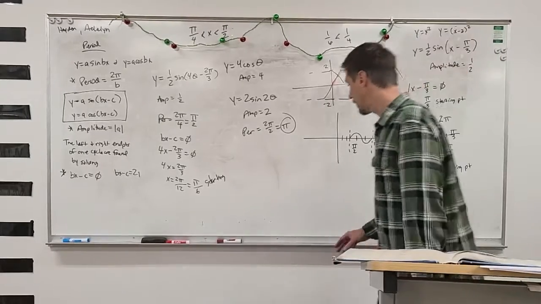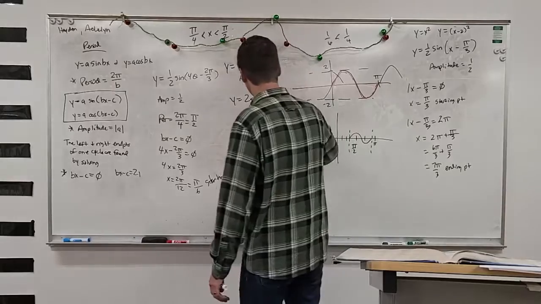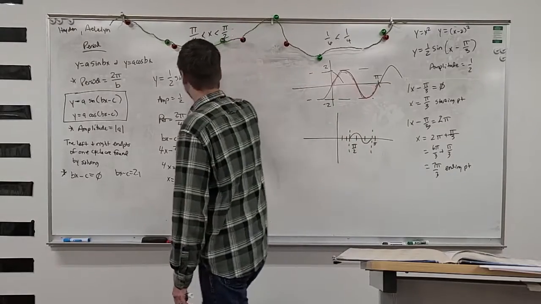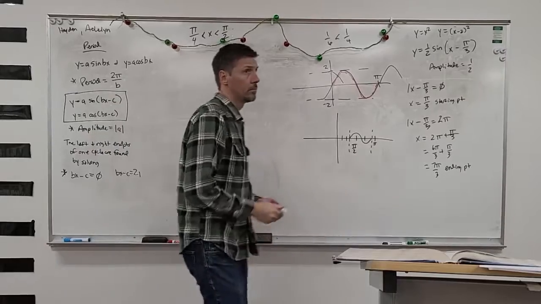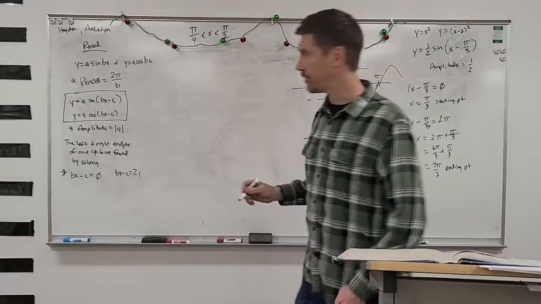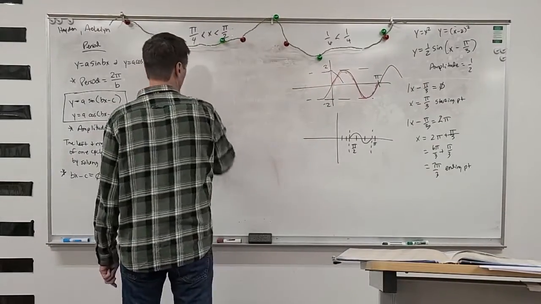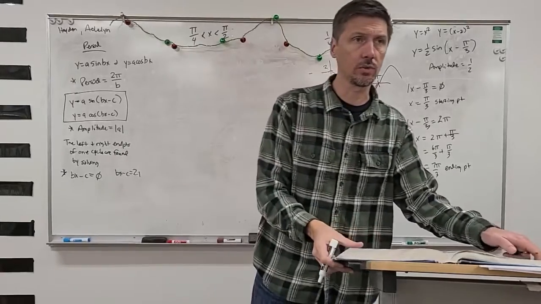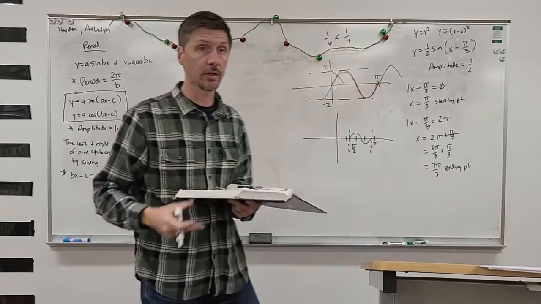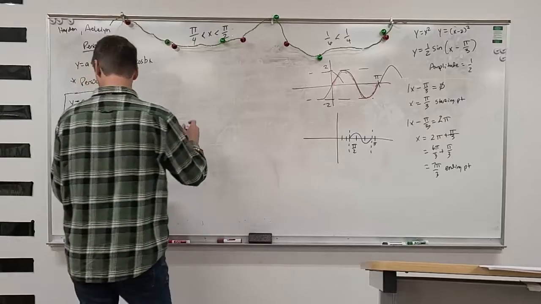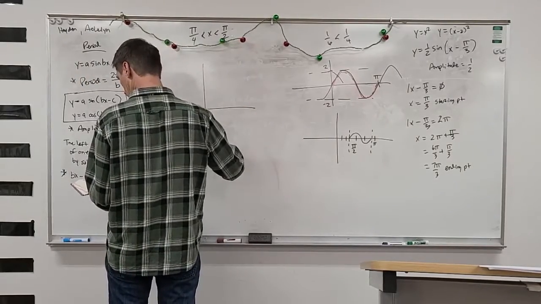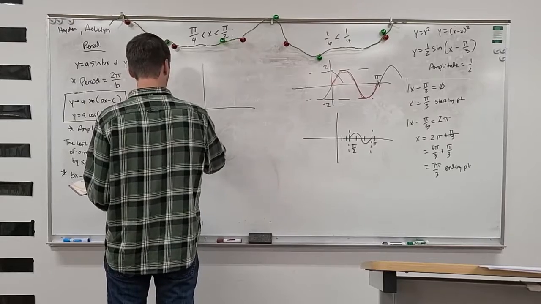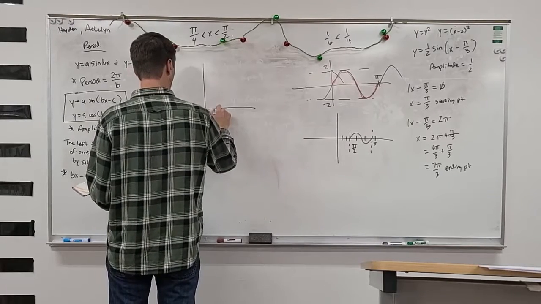I'm just going to very quickly cover this because the concepts are basically the same. But this is the tangent function. And the tangent function looks like this. I just want you guys to see this. I'm not going to test you on the tangent function. I'm just testing you on sine and cosine. Okay? So all I want you to know is that the parent tangent function looks like this. It goes from negative pi halves to pi halves.